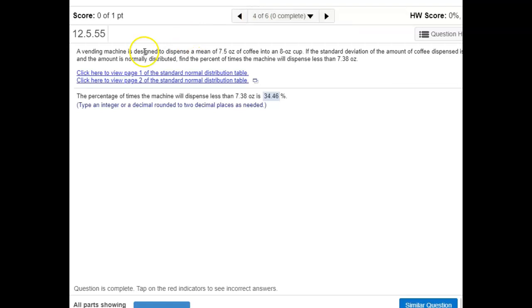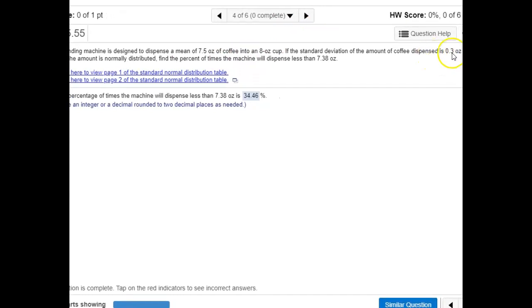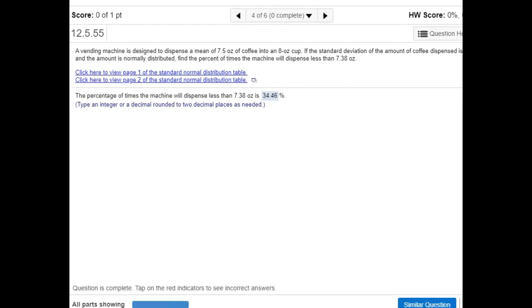For number 4, we have a problem, and in this example, our vending machine is going to dispense a mean of 7.5 ounces of coffee. And it says the standard deviation of the amount dispensed is 0.3 ounces. So we have the mean and the standard deviation. And we're told that the amount dispensed is normally distributed.